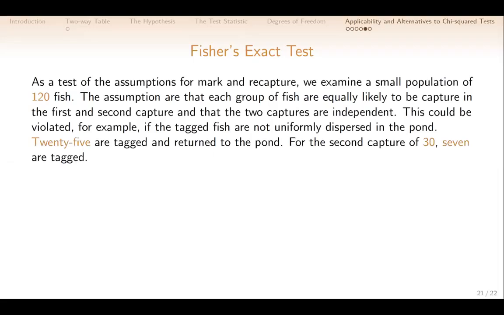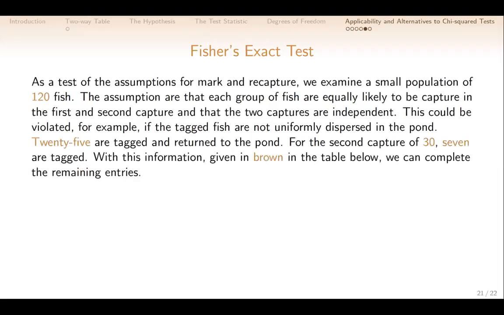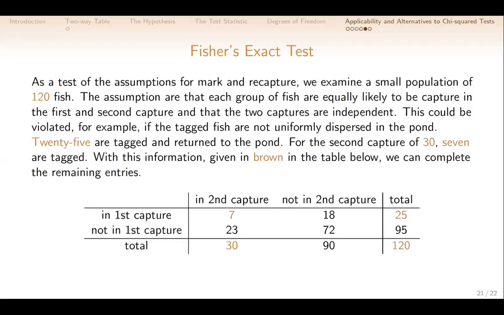Okay, so typically what we say is we give the number that are tagged and returned to the pond. So I'll assume it's 25 in this case. And for the second capture, we have a size 30, and of those 7 are tagged. So that's what we typically see. And so that information will be given in the table below. So there's the 7. Let's do it in the order I did it. So there's 25 that are in the first capture. So that's the first row sum.